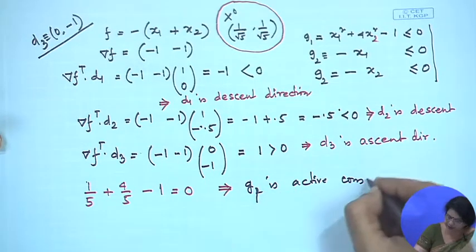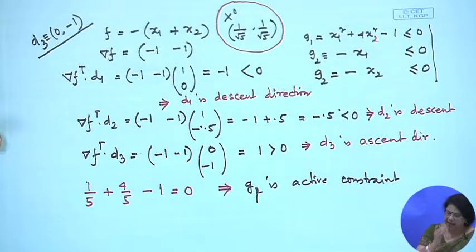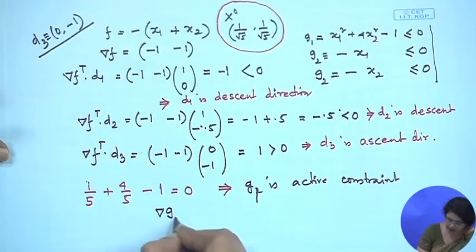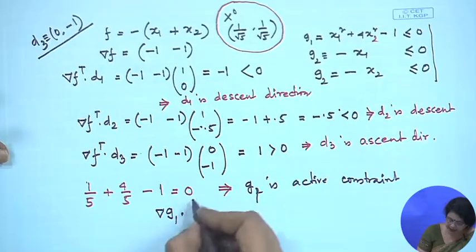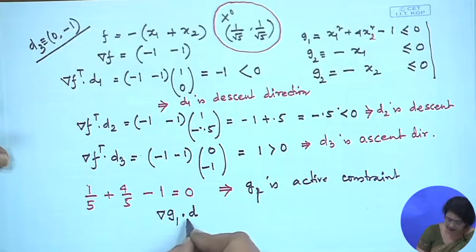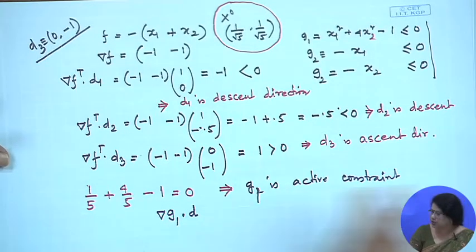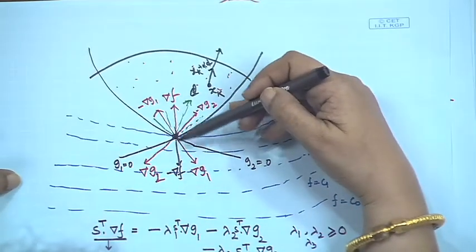G1 is the active constraint. If G1 is the active constraint, if we can prove that grad G1 dot D is making an obtuse angle with the direction of D, then we can say that, you see, this is my grad G1.